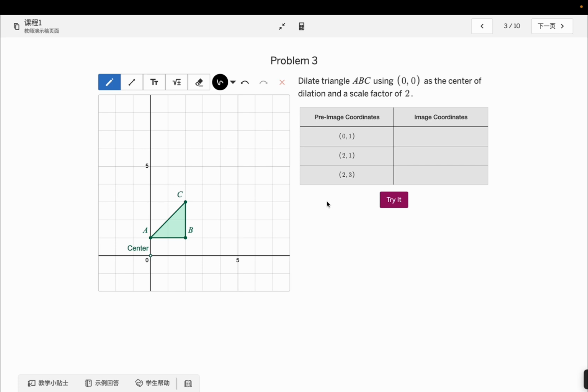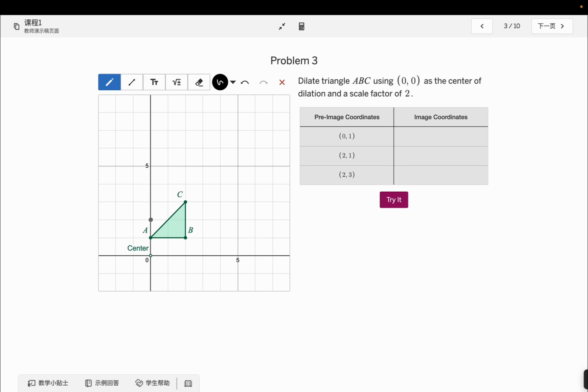Now let's look at problem 3 together. We have 0, 0 as the center of dilation and a scale factor of 2. That means the distance from 0 to A prime will be twice the distance from 0 to A, same as B and C. So let's draw the figure out.